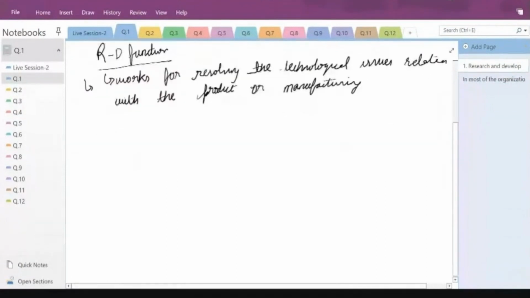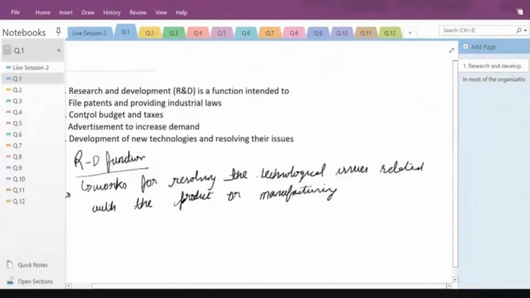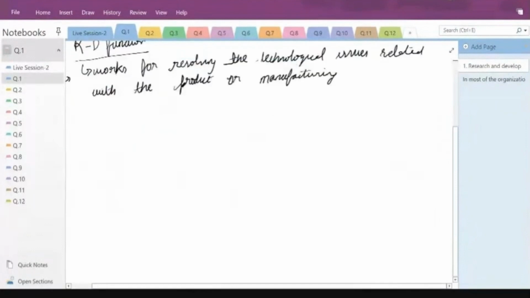And the major thing in the R&D function is that we like to produce more and more using lesser input by some breakthrough technologies. We need to develop newer technologies, which may be in some form of breakthrough technologies, and this is mostly used in research areas.